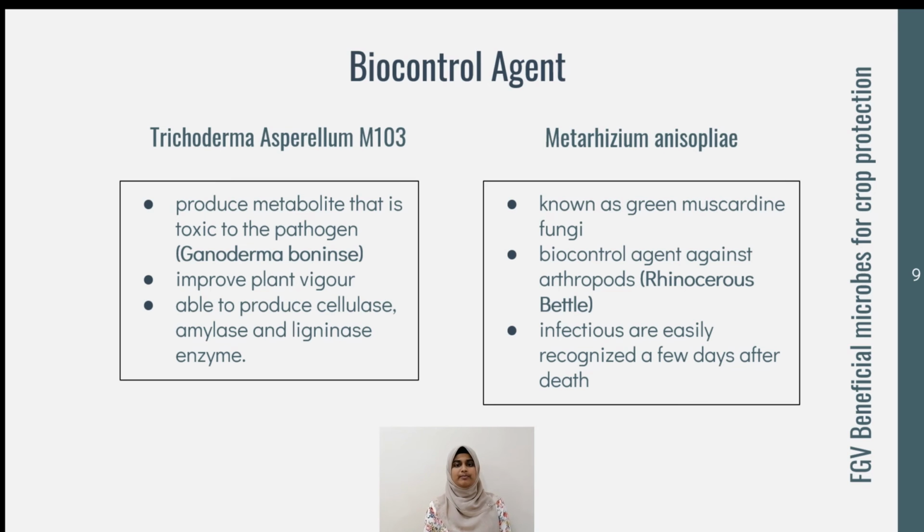It also helps to improve plant vigor and is able to produce cellulase, ligninase and amylase enzymes. While Metarhizium anisopliae is known as green muscardine fungus, which has been proven to be highly pathogenic to arthropods like Rhinoceros beetle. The infection is easily recognized a few days after that.